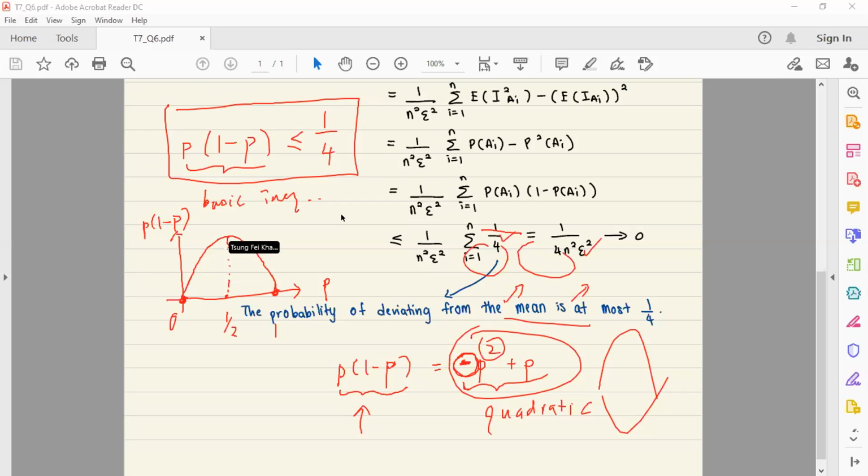And when your p is equal to 1/2, what is this value here? 1/4, correct? Therefore, is it not clear that p times this is bounded by 1/4? Because your whole curve is below this line. It will touch this 1/4 line at the point when p is equal to 1/2.